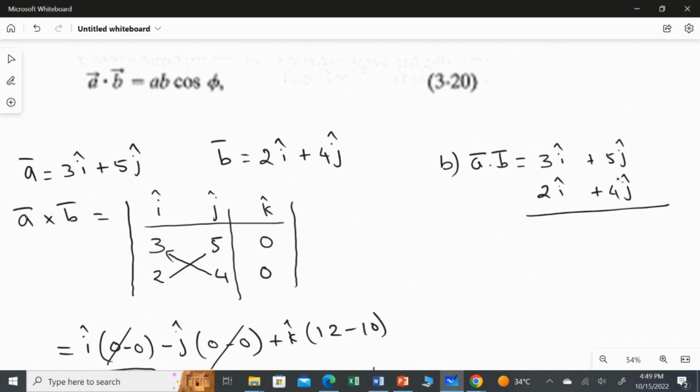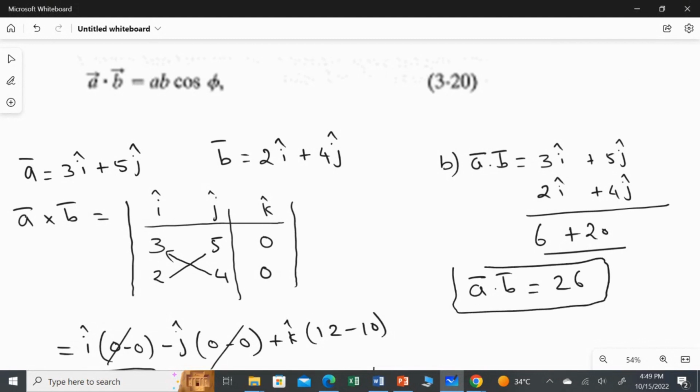If you multiply i with j or j with i, it leads to 0. So here 3i multiplied by 2i. 3 multiplied by 2 is 6, and i multiplied by i gives you 1, plus 5 multiplied by 4 is 20, j multiplied by j is j square, which gives you 1. So the total answer for A vector dot B vector gives you 26. So this is the answer for the second part. Clear?